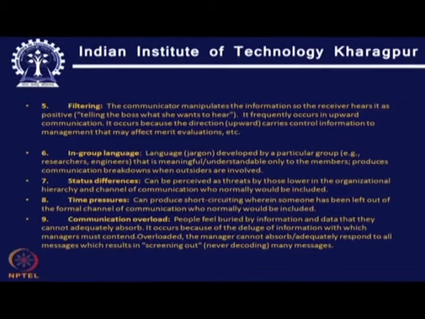Status differences, time pressures, communication overload, all these things will affect the behavior of the individuals and their performances in the organization, and we have to take care of these issues if we are to go for a better performance.